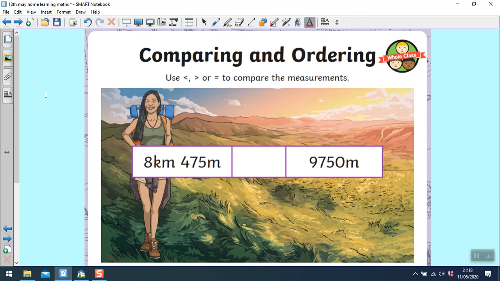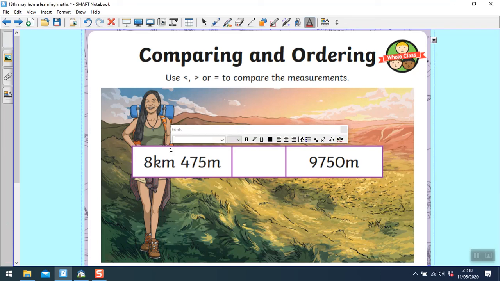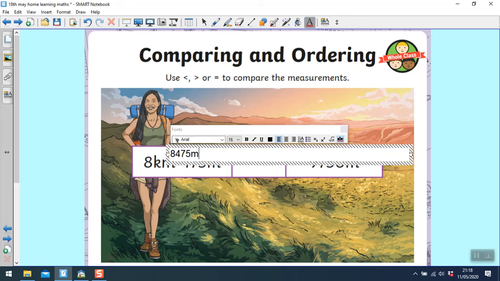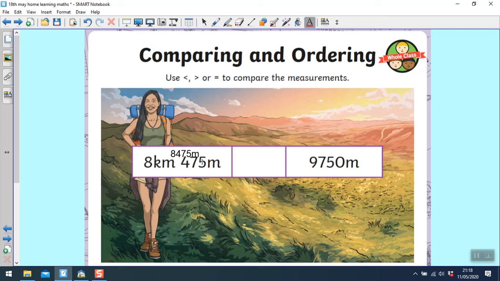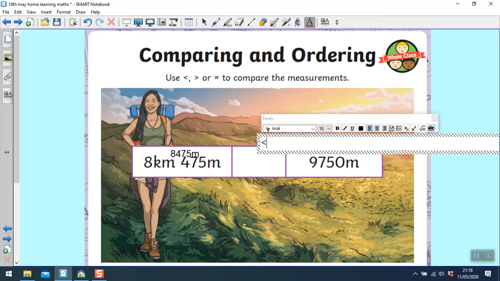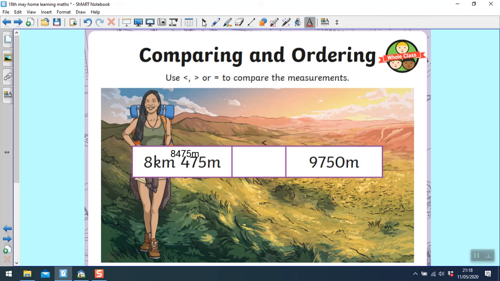Now try this one. Pause the video while you do this. So 8 kilometres represents 8,000 plus your 475 is 8,475 metres. 9,750 is bigger than 8,475, so this is the symbol that I need.